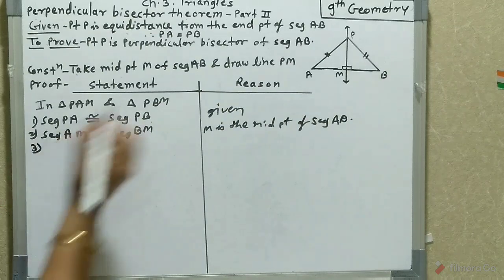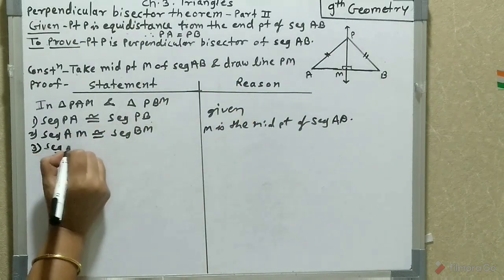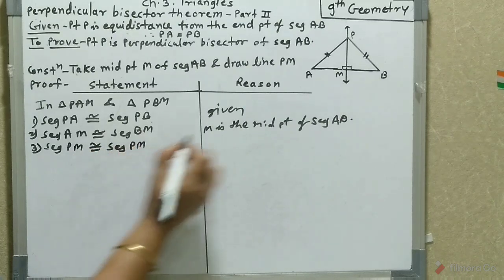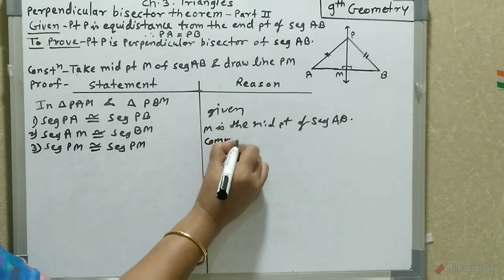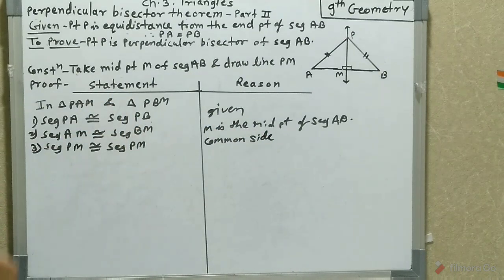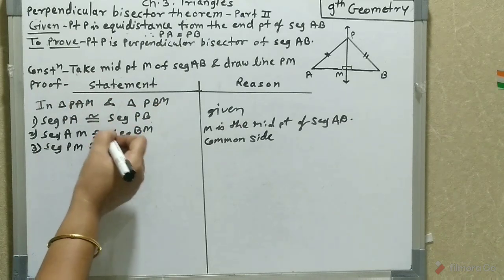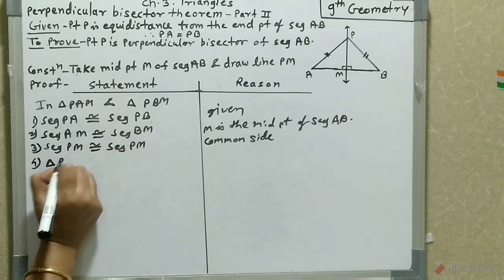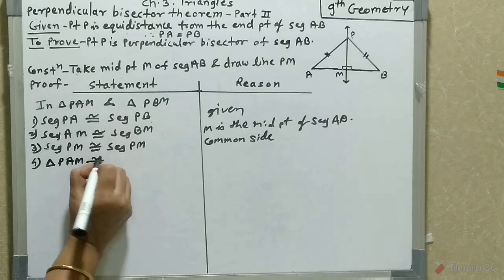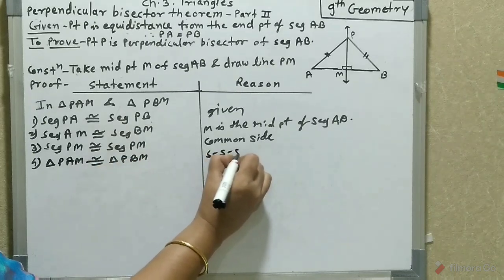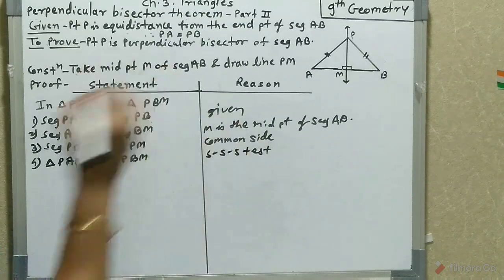Okay, and third one, that is segment PM congruent to segment PM, that is common side. So our three conditions are formed. So these two triangles are congruent by the SSS test. So triangle PAM congruent to triangle PBM by the SSS test.